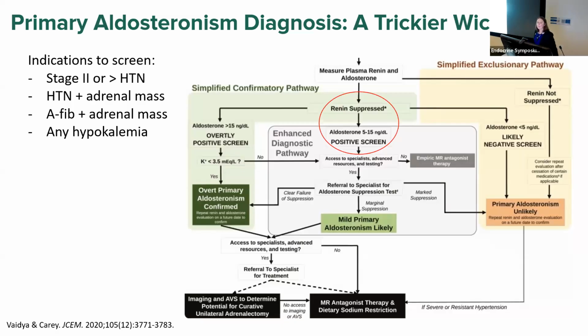And you'll see right there in the middle, we used to say if their aldosterone is not more than 15, it's probably not primary aldosteronism. But now we're doing a lot more confirmatory testing for patients in this middle range with an aldosterone of 5 to 15. This is nanograms per deciliter, just in the event your units are different. And so we're doing a lot more confirmatory testing and potentially intervening on some of these people.